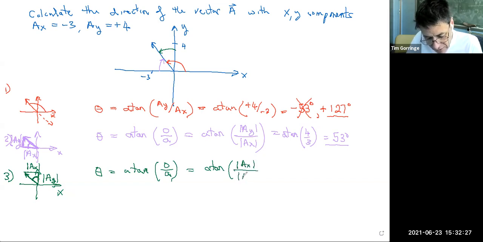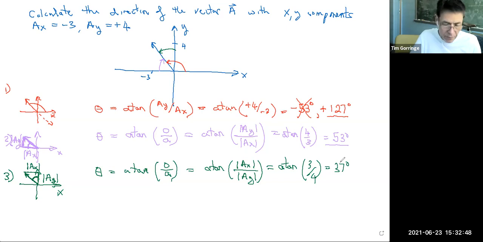The adjacent side is AY, specifically its magnitude. And if I plug in the magnitudes, AX's magnitude is 3, AY's is 4. So we get the inverse tangent of 3/4. That comes out to be 37 degrees. And 37 degrees is this angle here, the direction of the vector with respect to the vertical.